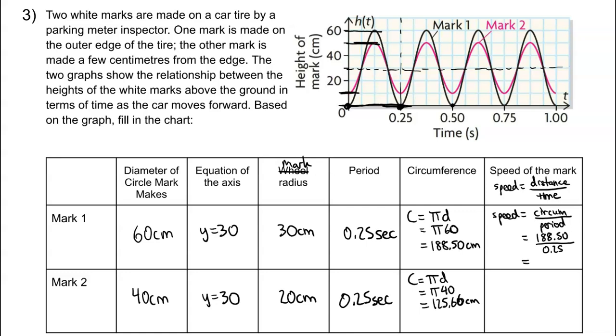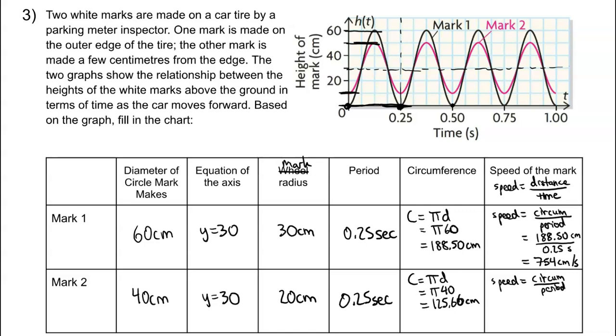And it's important to keep the units in mind here as well. It's centimeters per second. And that's going to give us 754 centimeters per second. Now to change centimeters to meters, we could divide by 100. And so this would give us 7.54 meters per second. We do the same calculation with the second mark.